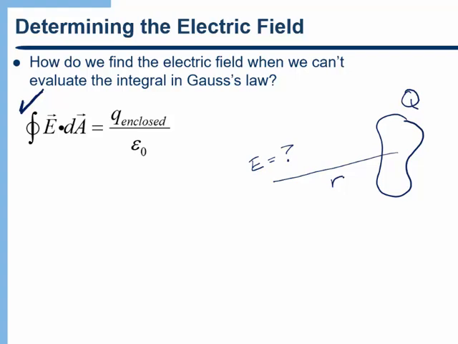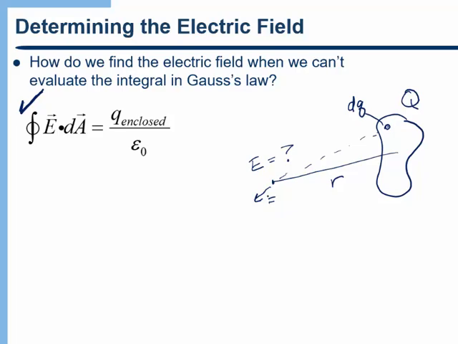Well, what you'd have to actually do to figure that out is you'd have to look at a little bit of charge, dq, and say, well, what is the electric field that that little amount of charge creates at this point, which we call dE.